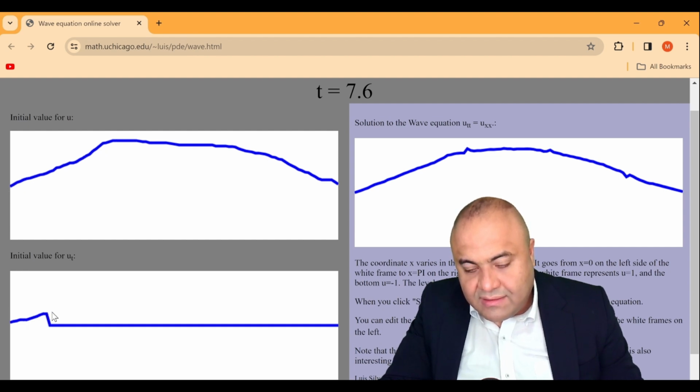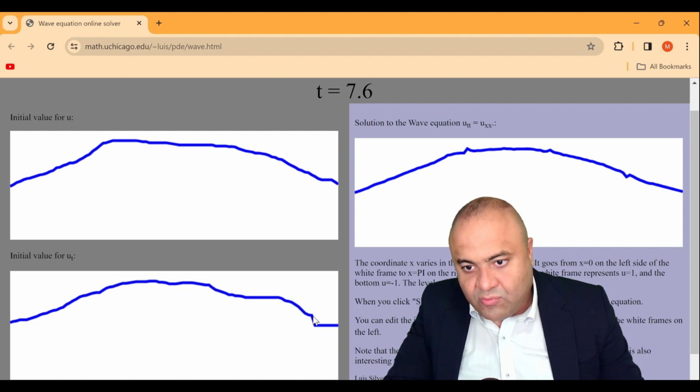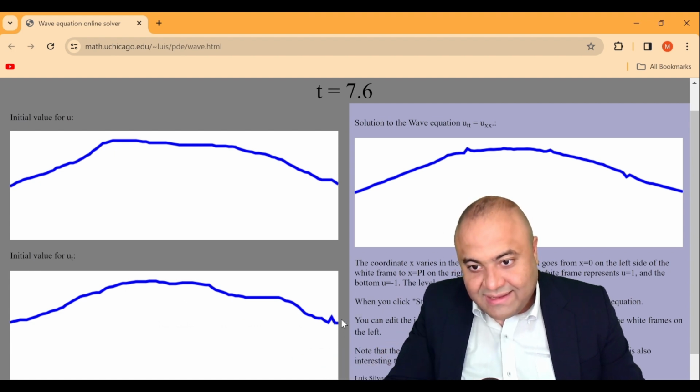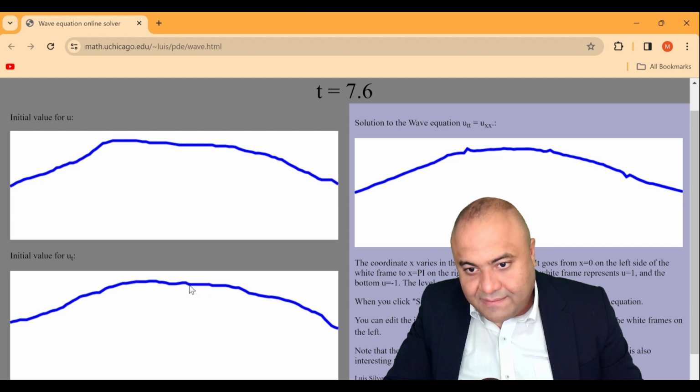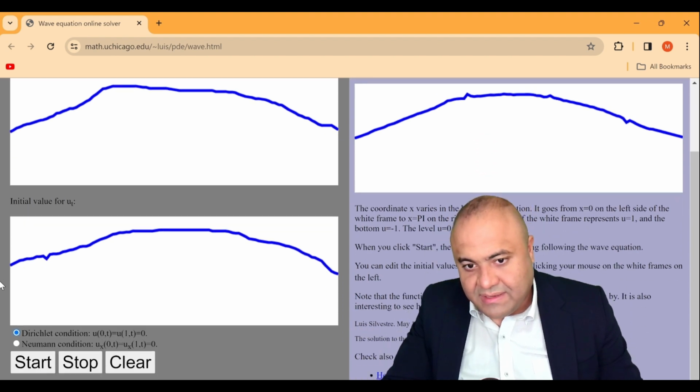And here the speed of the wave is going to be set the same way. Let's say this will cause us some trouble, this way, let's say, as much as possible the same as before.